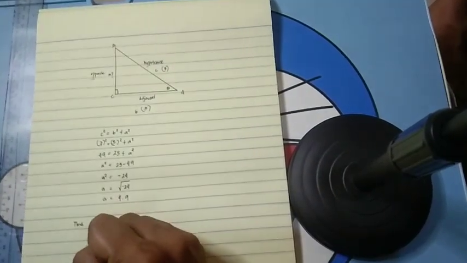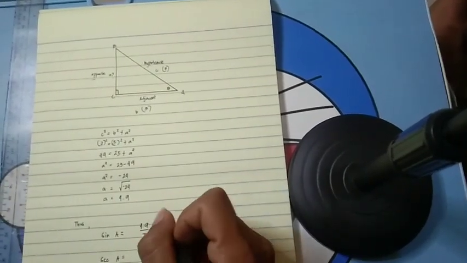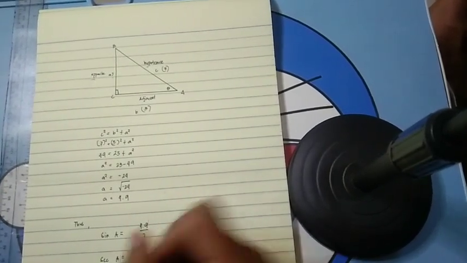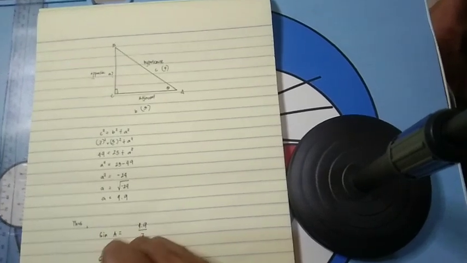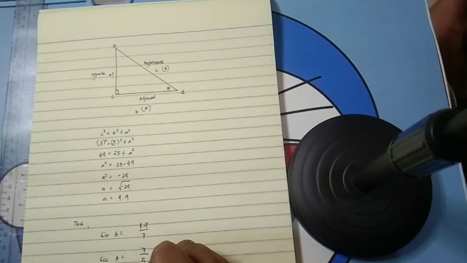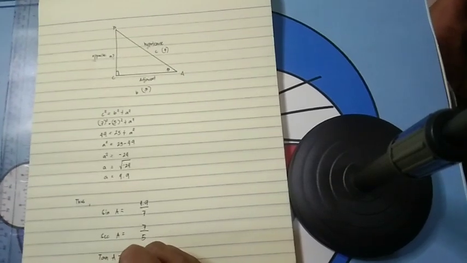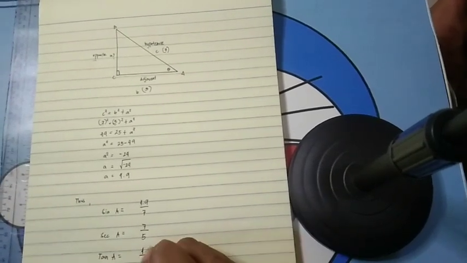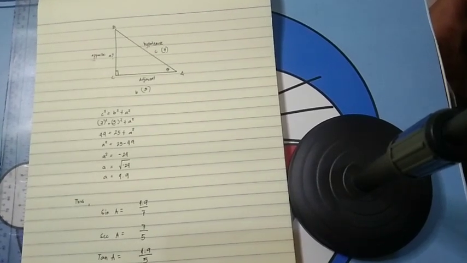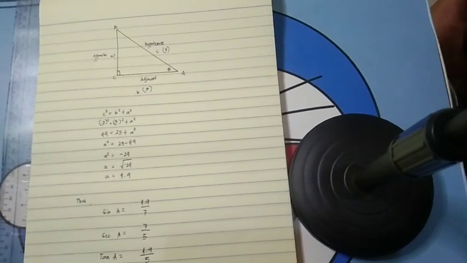The value of secant A is equal to 7 over 5. The value of tan A is equal to 4.9 over 5. The value of cotangent A is equal to 5 over 4.9. And the value of cosecant A is equal to 7 over 4.9.